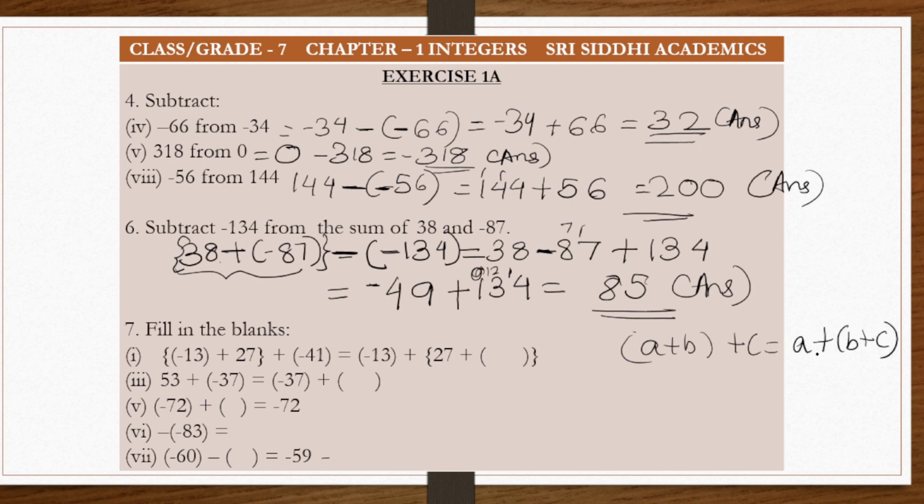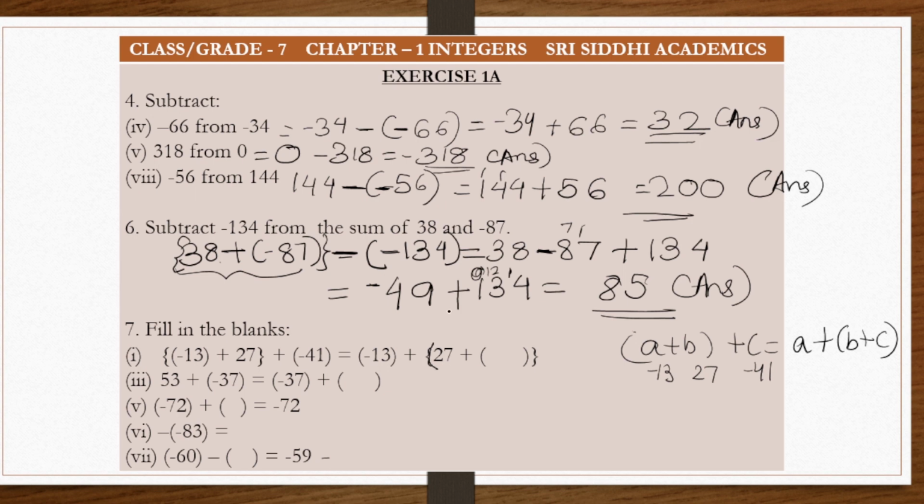Now b plus c is within brackets. So here minus 13 plus {27 plus minus 41} within curly braces. See in these terms, here a is minus 13, b is 27 and c is minus 41. So here the bracket will shift to the last two numbers with the curly braces or parenthesis.